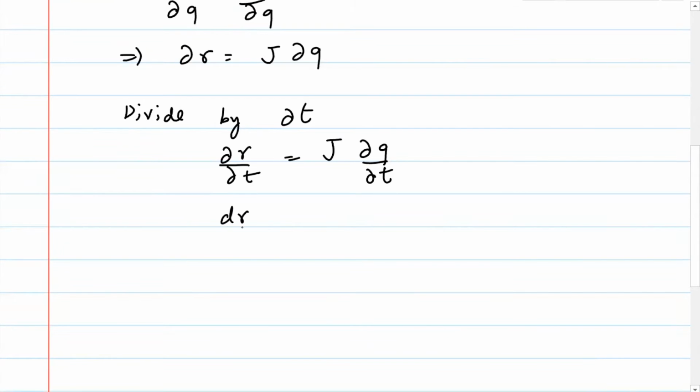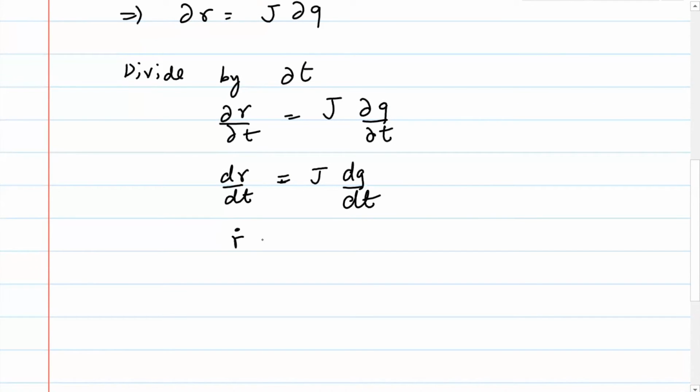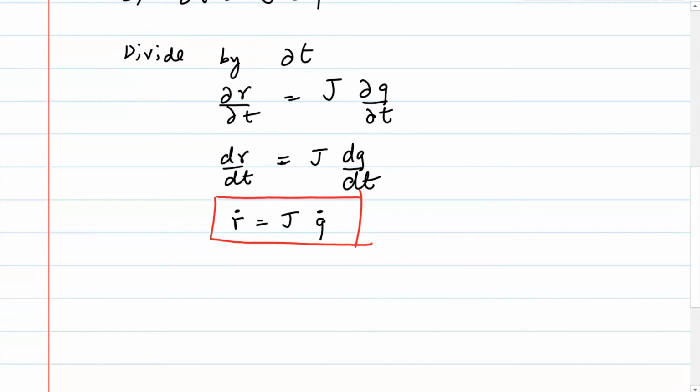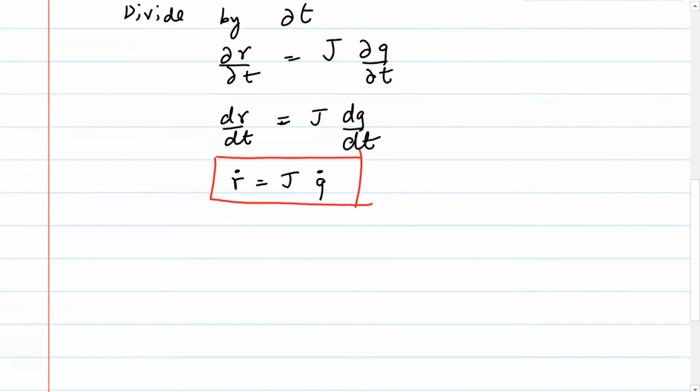So you can write this as dr dt equals J dq dt. In other words, r dot is J q dot, and this is, so to say, the expression we are after. That is, we find the velocity of r, or sorry, the rate of change of r, R is x, y, as the Jacobian times q dot. What is q? q are the degrees of freedom. So in this case, for a pendulum, it's going to be thetas. Okay, so that's a derivation.